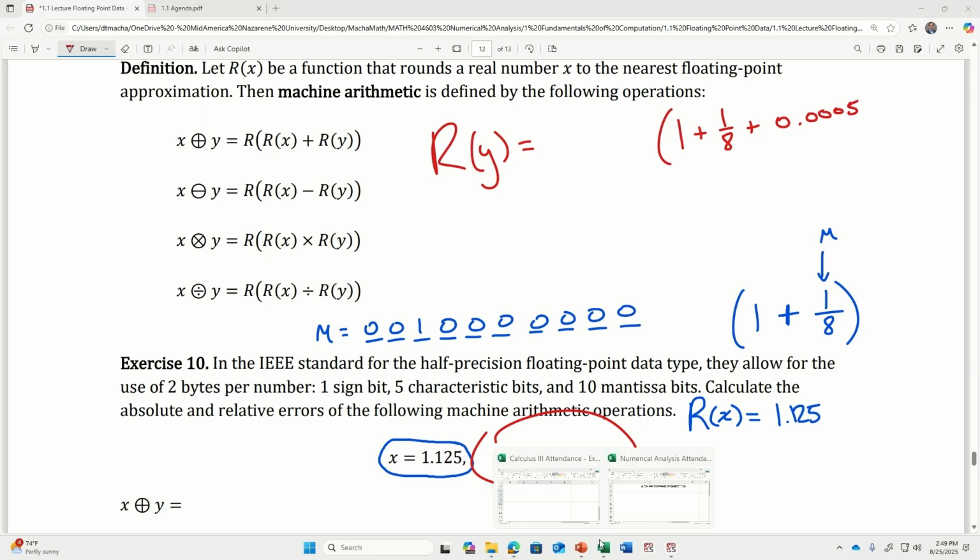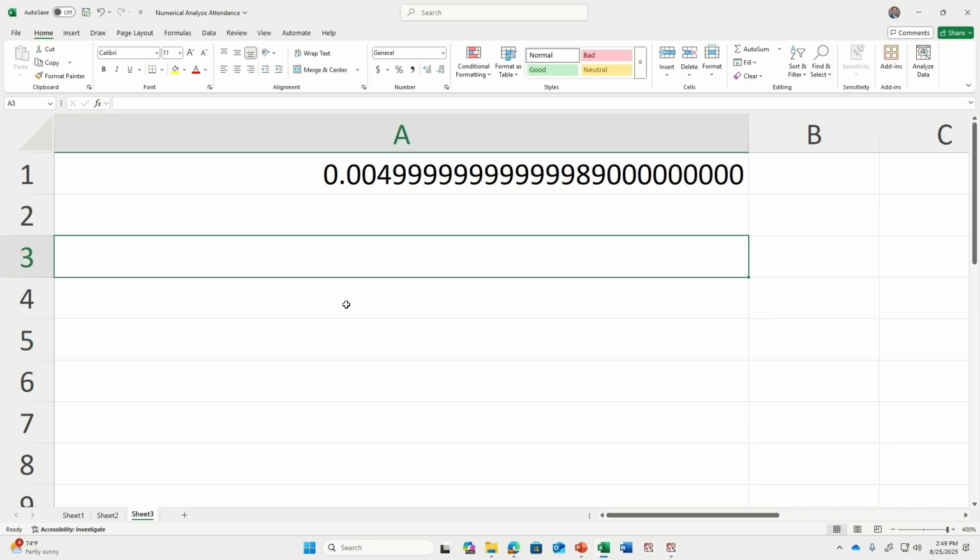Let me actually do the number, right? I can't think straight. 1 over 1024. That's the smallest jump we can make. But 0.0005 is a little bit more than 1/2 of that, isn't it? Right? So if I'm rounding to the nearest one, I would actually move up to the next one.